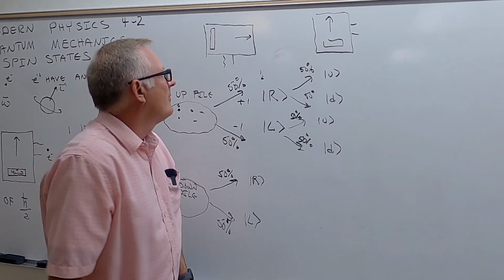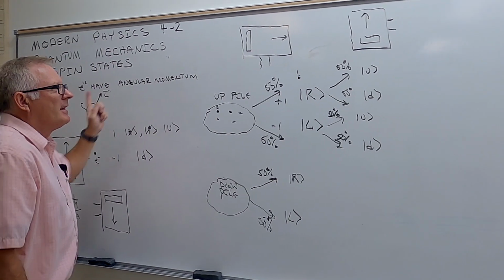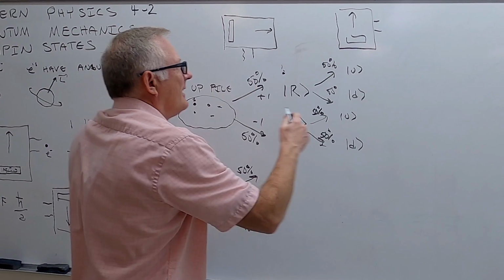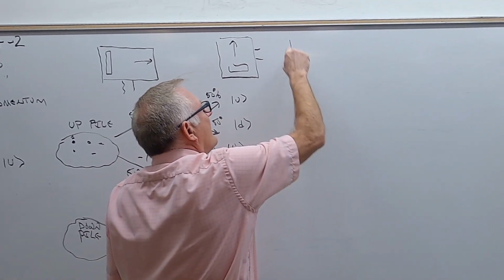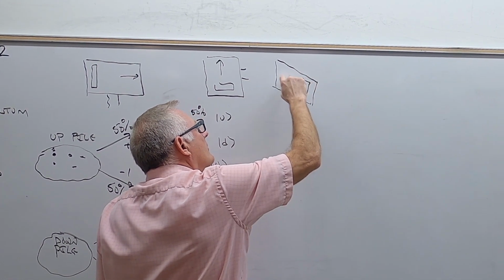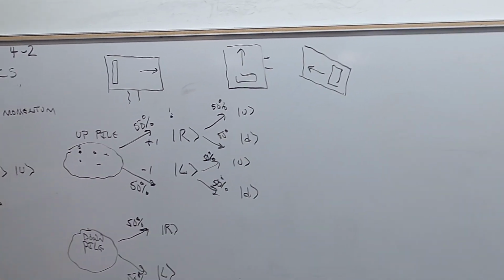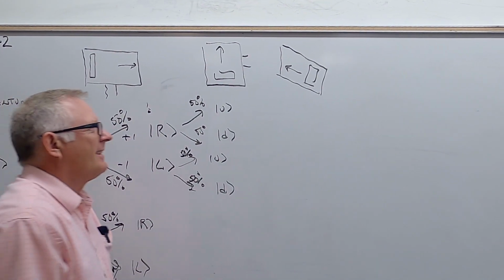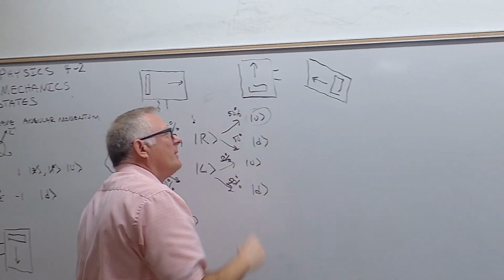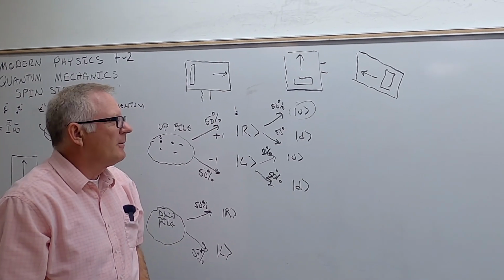Well, instead of up and down, then right and left, we could turn it like this. Can't quite draw it like that, but we'll try. So we've turned it, so this is in and out. Now if we turn this thing in and out, and hook it up to all these electrons up here, what are we going to get?